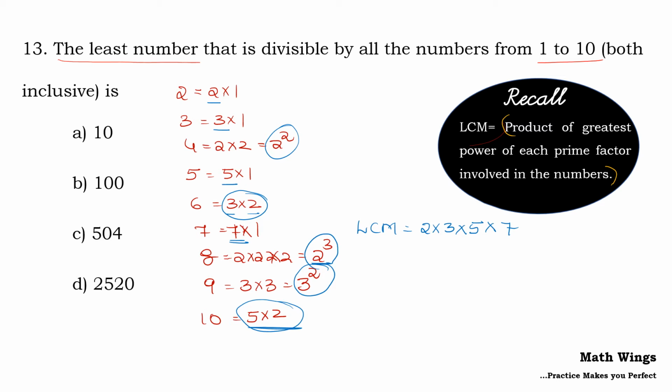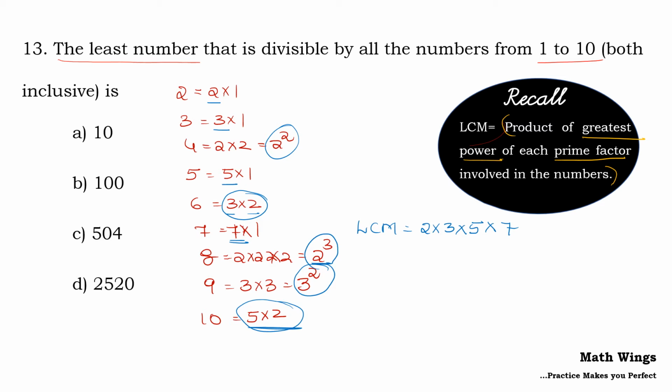In total we have 4 prime numbers present here, that is 2, 3, 5 and 7. Next we have to look at the greatest power of each prime factor. Therefore let us look at the greatest power of each prime factor.